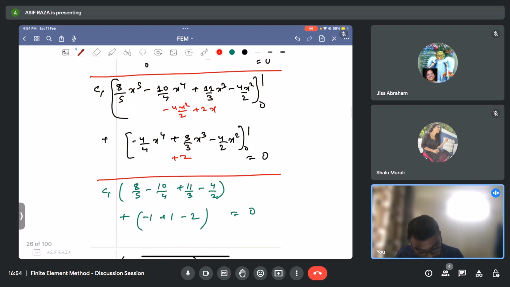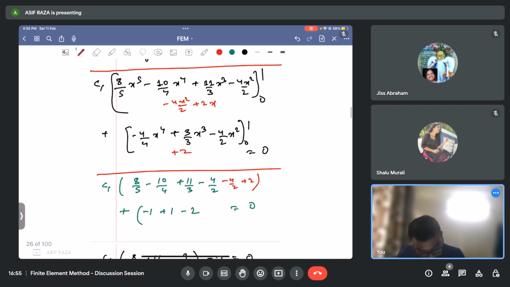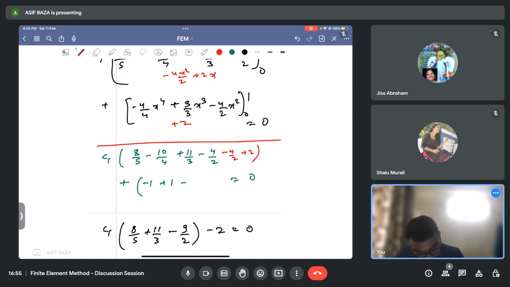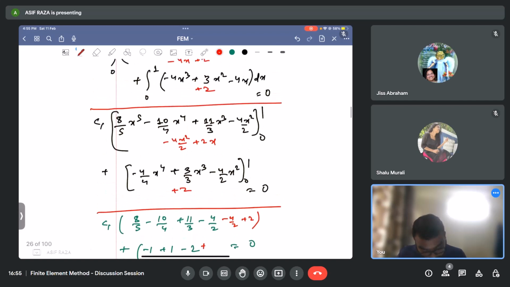So this will have an extra term minus 4 by 2 plus 2, and this will have an additional term of, okay, did I mean to say this?